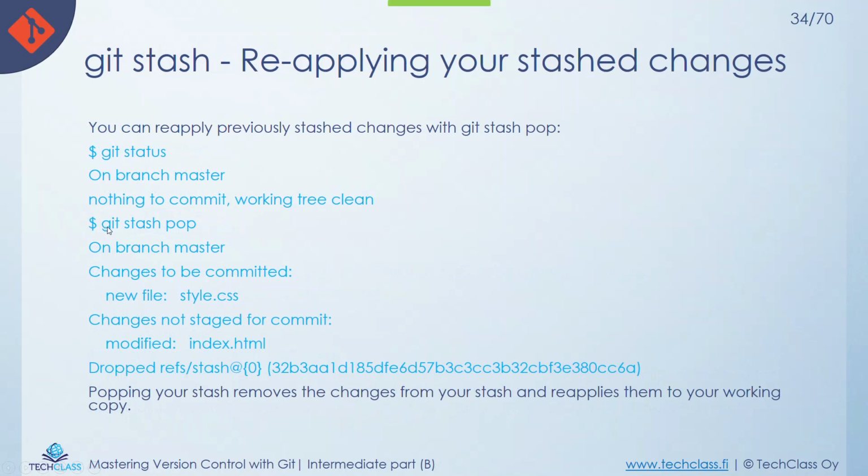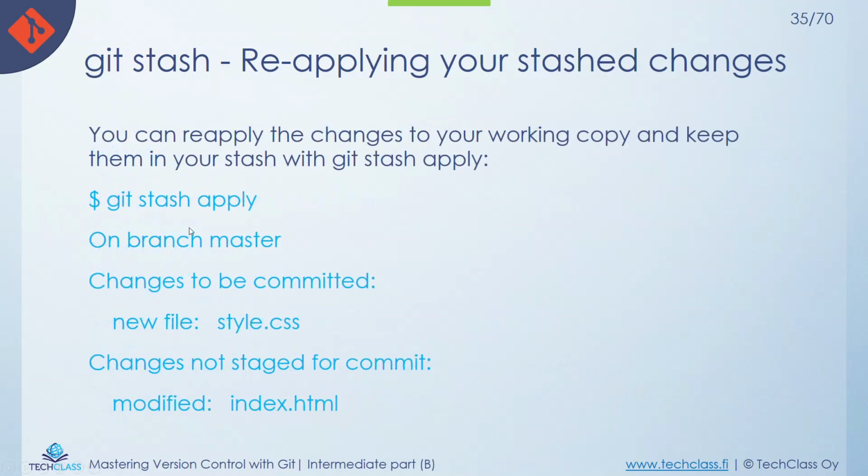But once we run git stash pop, all of those changes, the new files and the modifications of the files, are applied and then removed from the stash. But there's also another command, git stash apply. It applies these changes to your working copy, but it also keeps them in your stash for later use or whatever.